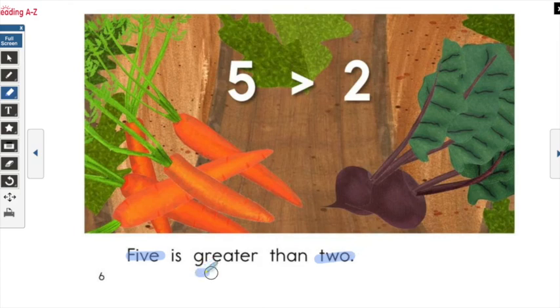That means that 5 is more than 2. There are more carrots than beets. So 5 is greater than 2.